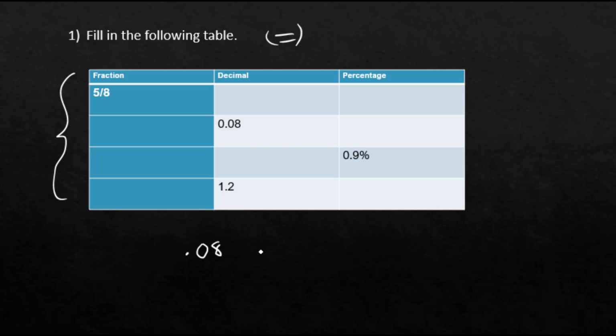The percentage is going to be, this is 0.08 over 1, right? You can write any number over 1. So if you multiply the top by 100 and the bottom by 100, you can either put that in your calculator or understand that it moves the decimal 2 places. So there's your fraction. And here's your percentage.